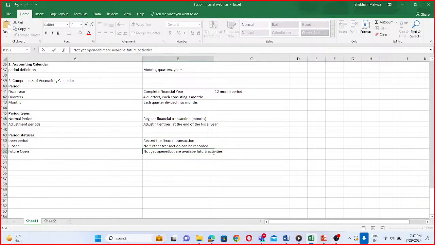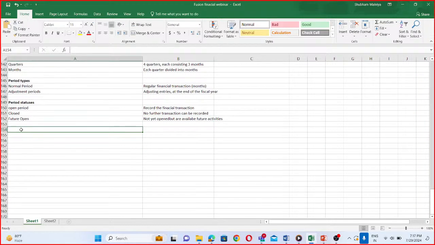Now we will discuss the setting of accounting calendar in Oracle Fusion. So first of all, we define the calendar. Fiscal year we have discussed, period definition we have discussed, then we configure the period. Period naming, assigning names to each period for easy identification.